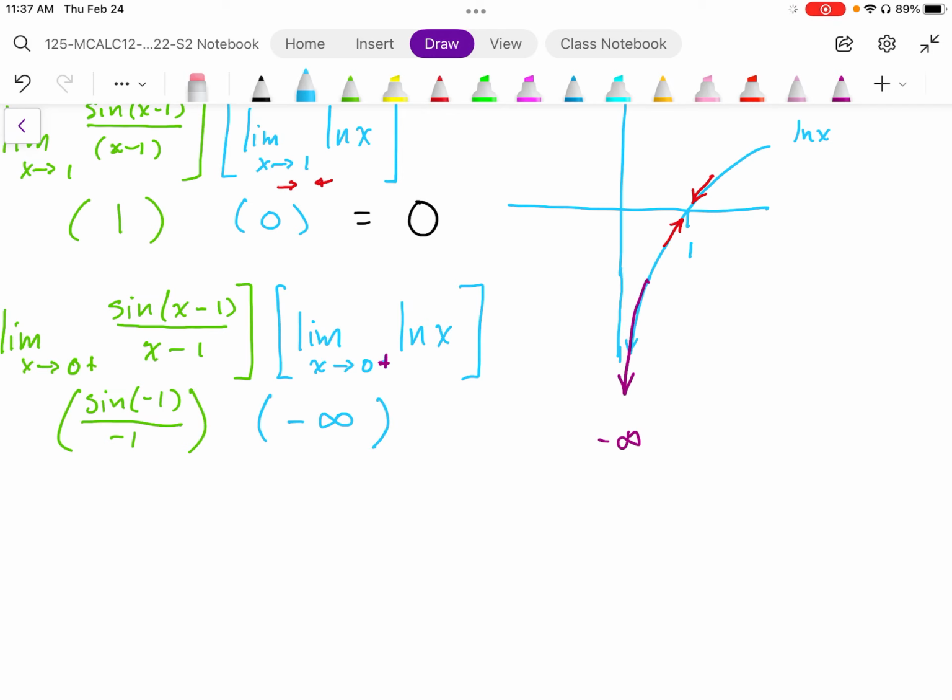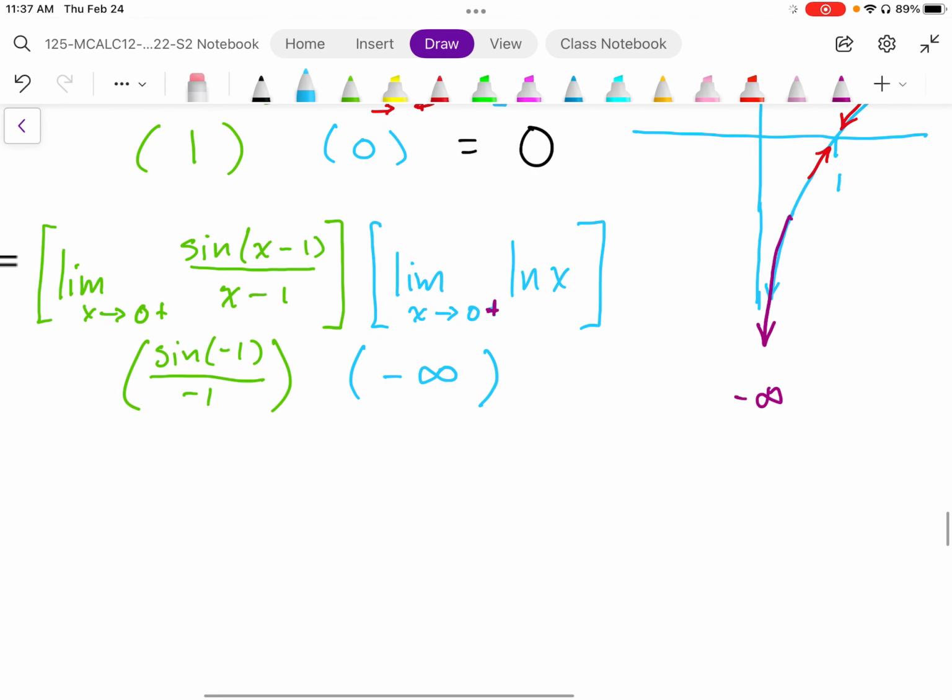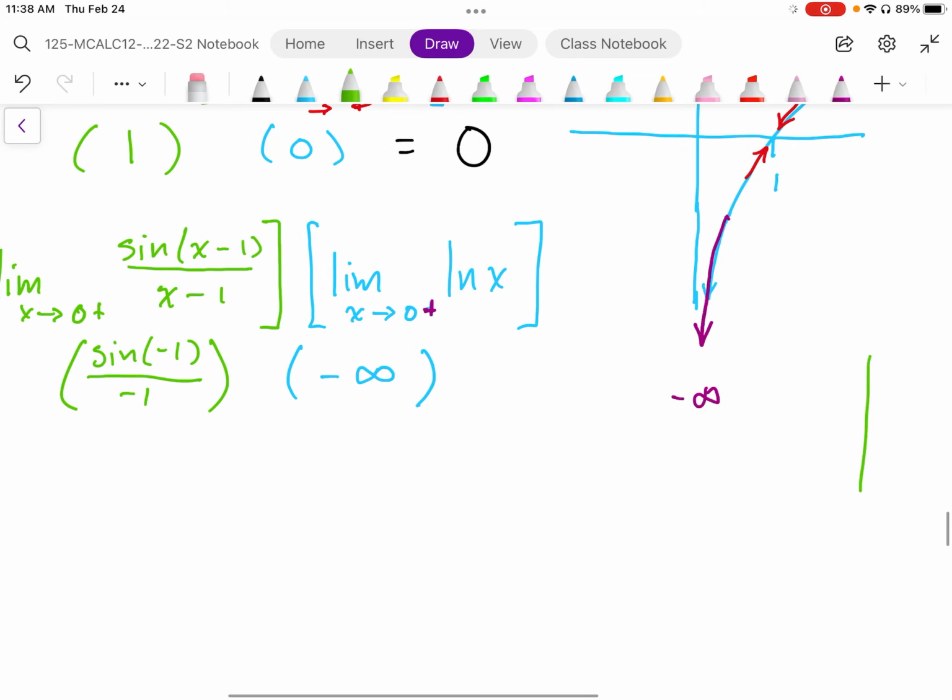So then we can evaluate this. This should be equal to negative infinity, but we have to be a little bit careful of the signs here because of sine of negative 1. I'm just going to draw a quick little diagram here. Sine of negative 1 is in quadrant 4. Negative 1 is not at negative 1.57, which is 90 degrees.